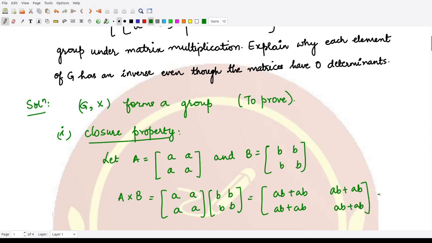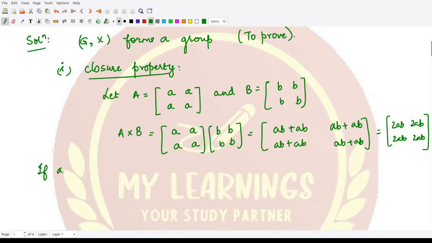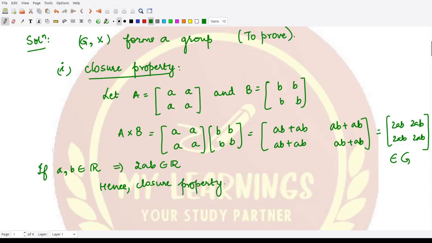Once you simplify it, it would become 2ab in every entry. Now if a and b are real numbers, this would imply 2ab is also a real number. If that is so, then this belongs to the group G. Hence our closure property is satisfied, so we have our first property for this set G. Let's move on to the second property.